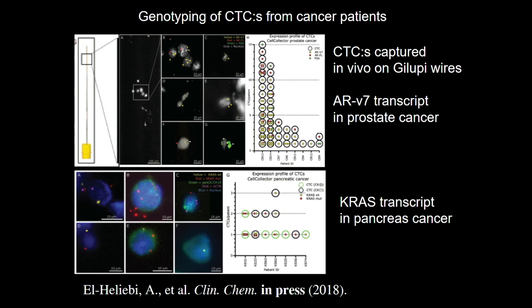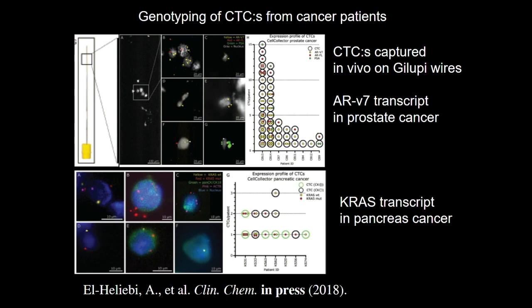And then what we did was use this method to target a transcript variant of the androgen receptor, the V7, in prostate cancer patients, and KRAS mutations in pancreatic cancers.